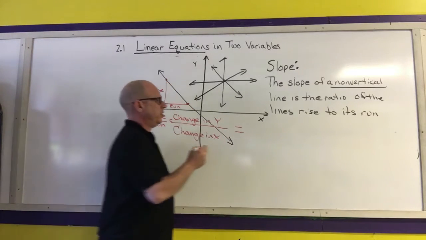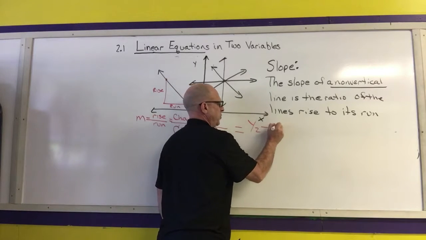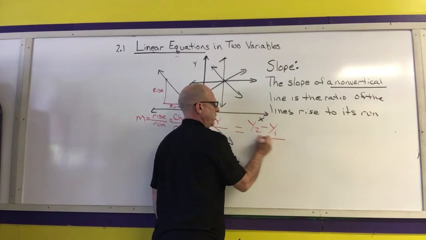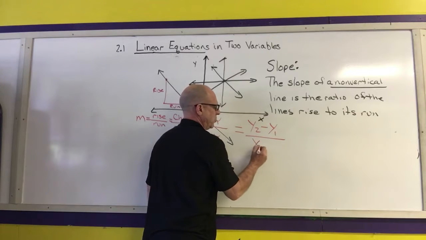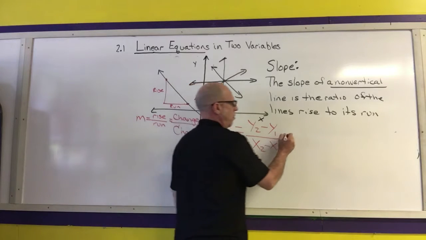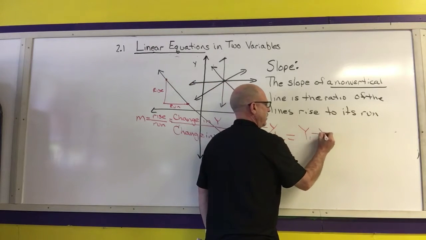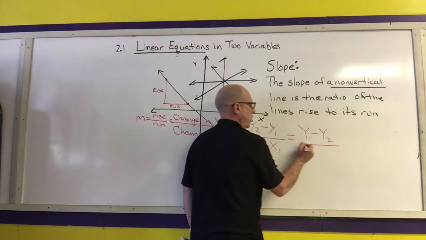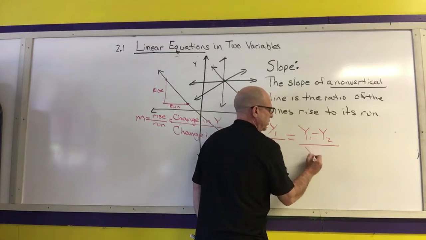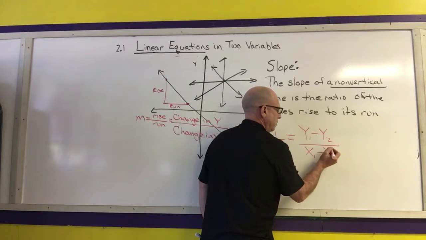So I can write either the following equation: take my second point minus the first point for my y coordinates, over the second x coordinate minus the first x coordinate. Or I can write it as the first y coordinate minus the second y coordinate over the first x coordinate minus the second x coordinate.